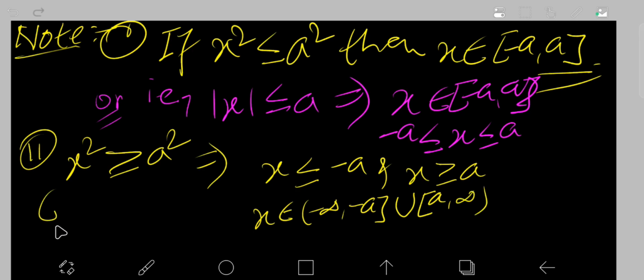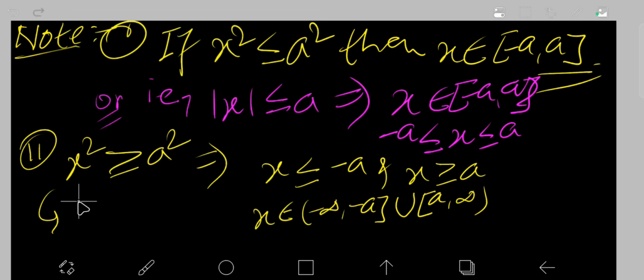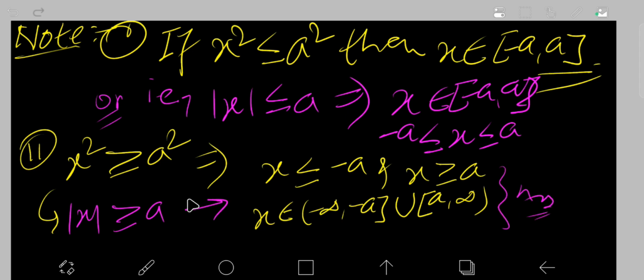This is also satisfied by modulus x greater than or equal to a, which gives the same answer. So note these two points.